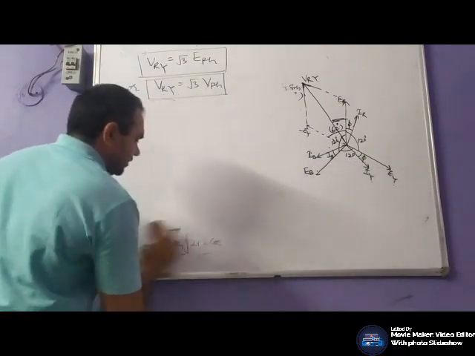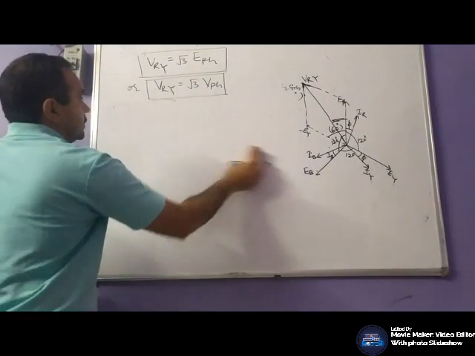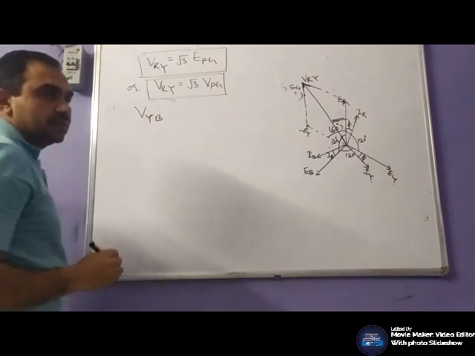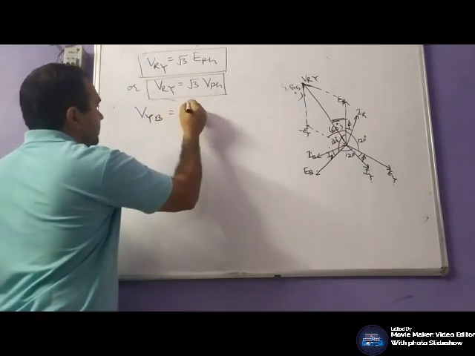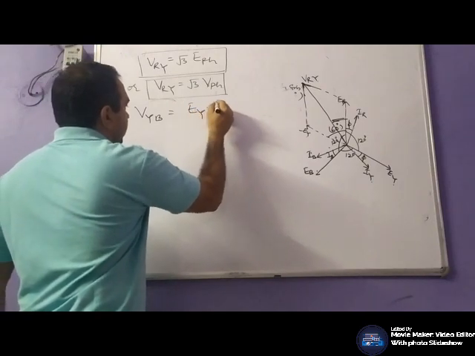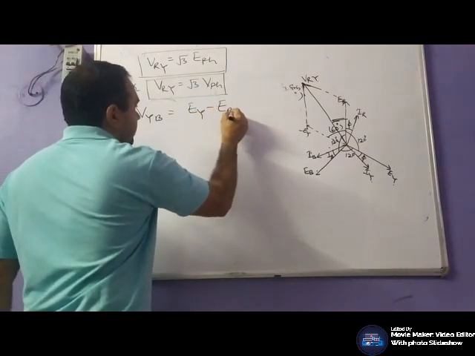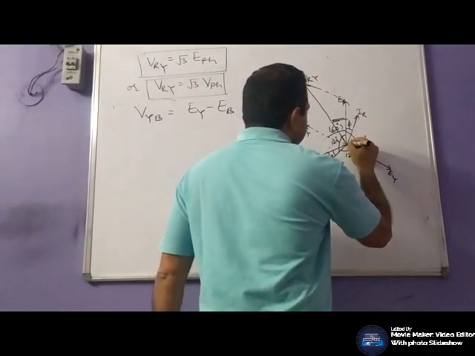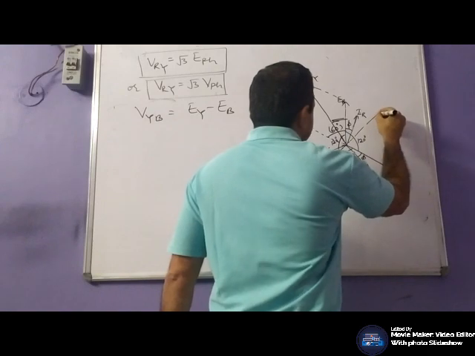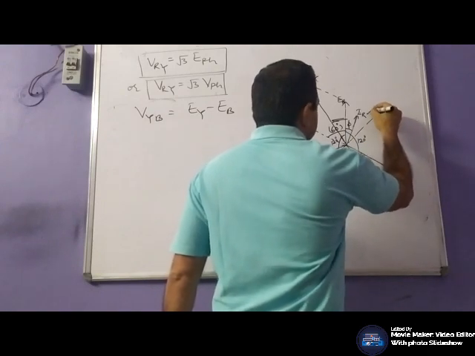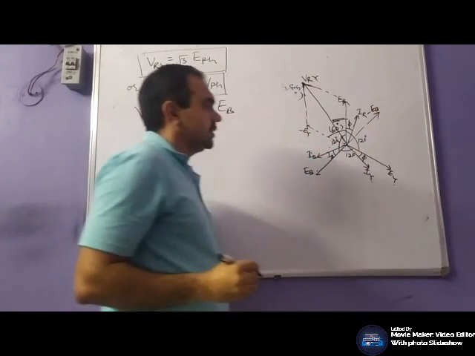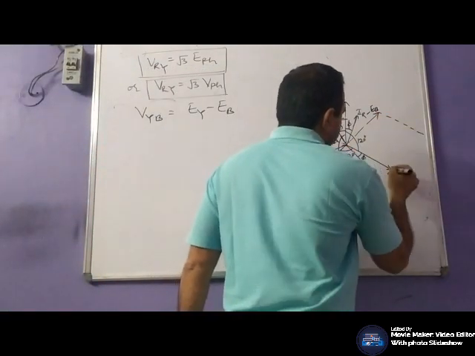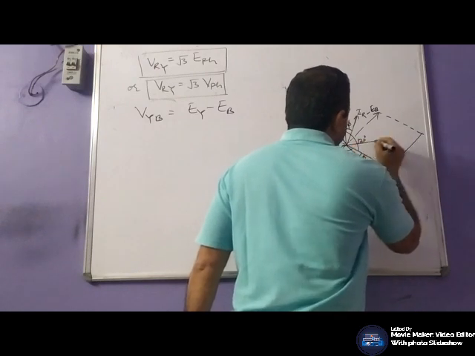Now similarly, VYB, the line voltage between Y and B, is EY minus EB. Extend EB, then draw the parallelogram.